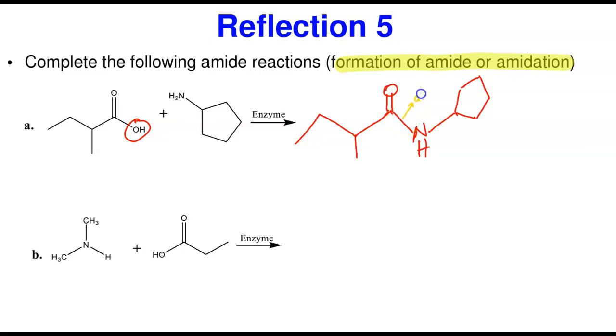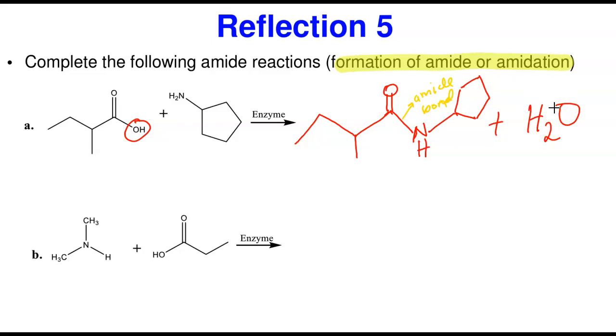This is your amide bond. An amide bond is when the carbonyl carbon is connected to a nitrogen. That is actually our amide bond. So this is what you're going to have. And of course, you're going to have water liberated from that reaction. That is how you complete that reaction.